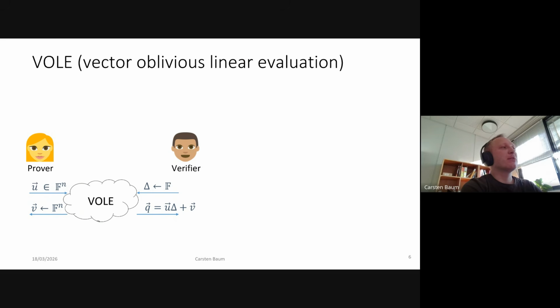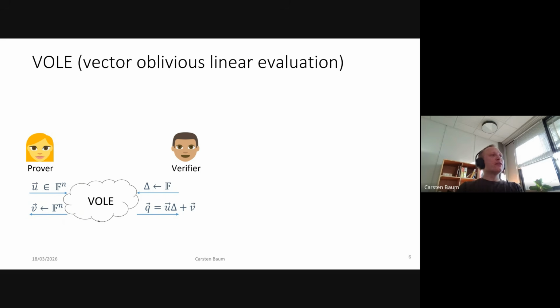And q is the fun part, because q is actually a linear combination of the vectors that the prover got. However, the linear combination is such that one element, namely u, is multiplied by the scalar delta that the verifier also has.